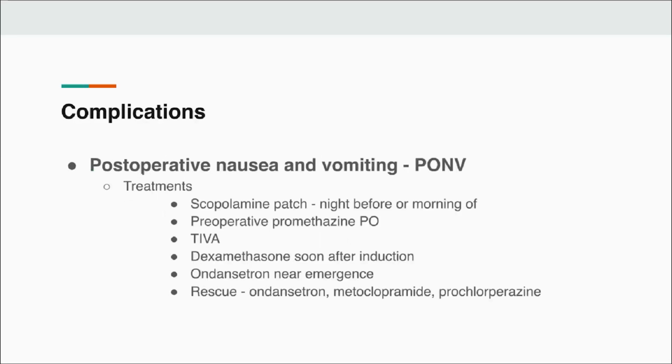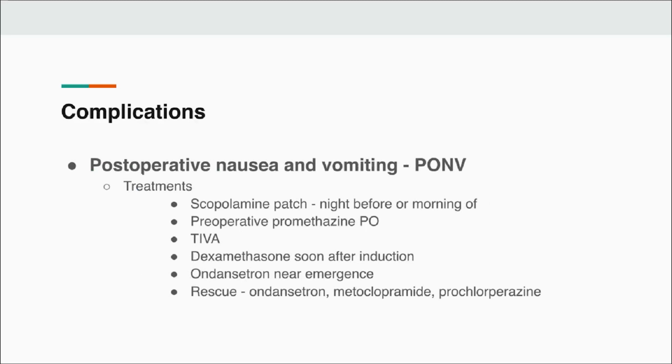So what can we do? We can start off by putting a scopolamine patch on the patient. I like to do this either the night before if you see them in a preoperative clinic or the morning of the procedure so that the transdermal patch can start working. We can give them preoperative promethazine or Phenergan by mouth, and that'll help with post-op nausea and vomiting. If the patient tells me that they've really had trouble in the past and maybe they've gotten admitted for post-op nausea and vomiting, then I will avoid volatile agents entirely and provide a TIVA or a total IV anesthetic with a propofol infusion, and that typically seems to work.